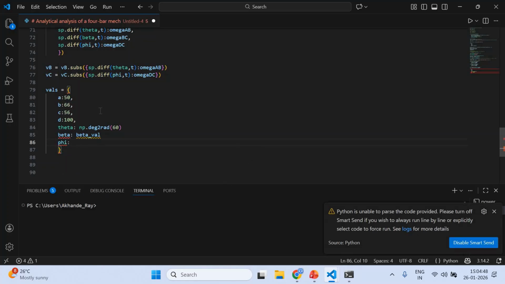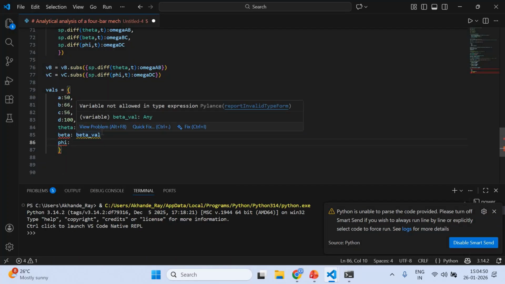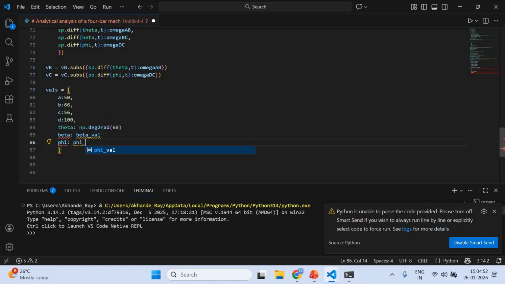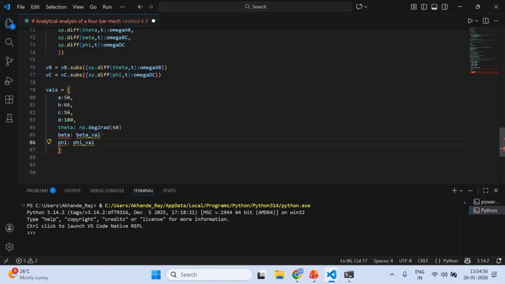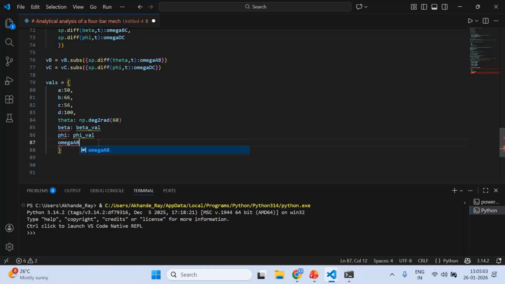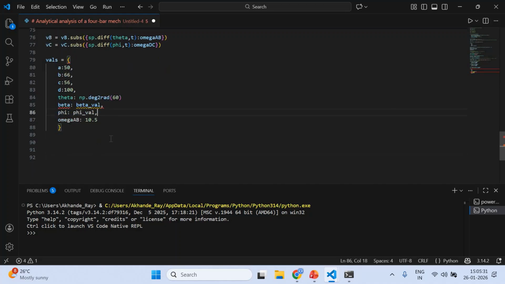Just note down that beta and phi are right now symbols, we are replacing them with values, and the last term is omega AB, right? So two new values, one for position and one for the angular velocity. Omega AB is provided to us, it is 10.5 radian per second. Now this part is done. Just put a comma sign in.